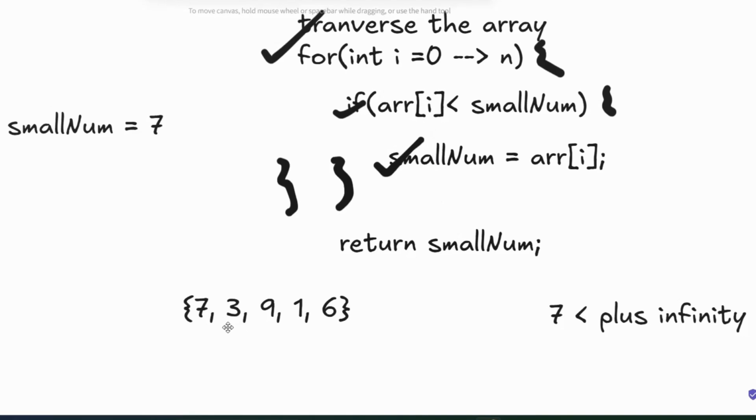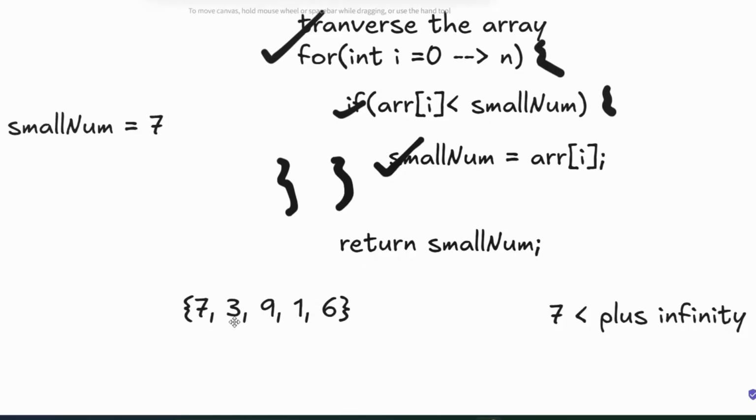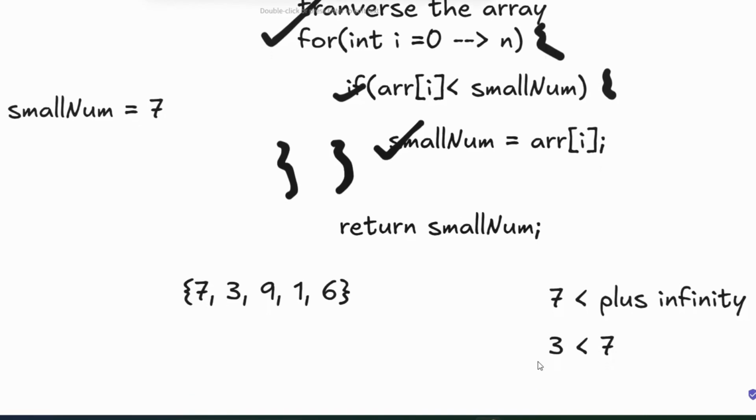It will compare if array of 1, that is 3, is less than 7, that means small num. Obviously 3 is smaller than 7, so we update small num by array of 1, that is 3.